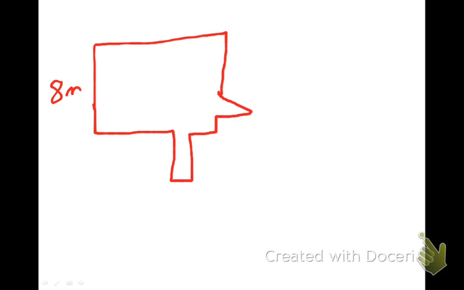Again, remember my dimensions. You can't go by my drawing what they look like. So 8 by 12 here. This little distance here is 2 meters. This is 2 meters. This is 8 meters. This is 2 meters. This is 4 meters.